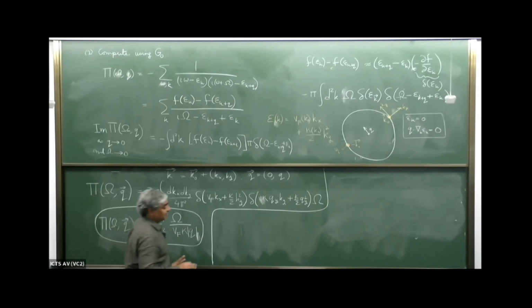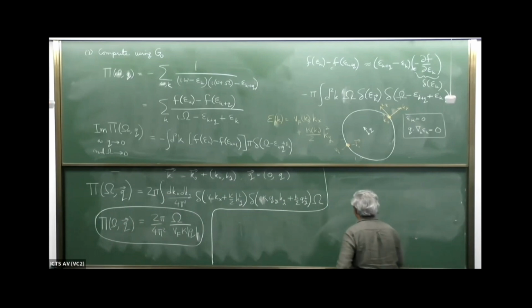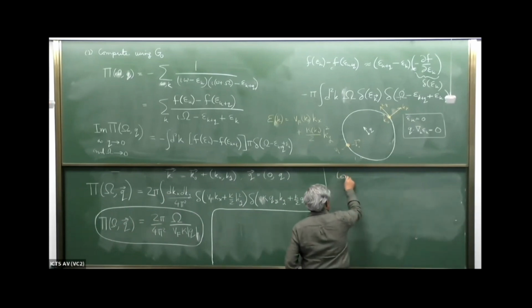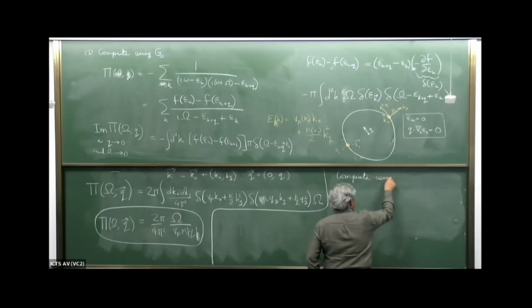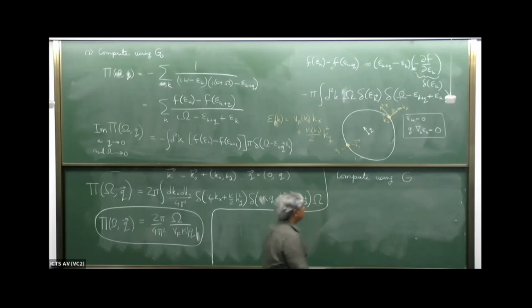It's going to make a certain assumption, which we'll then have to verify is self-consistent. So we're going to compute pi using G, not G naught.